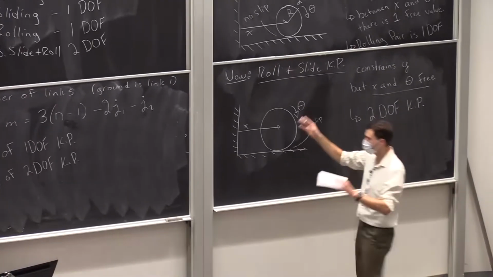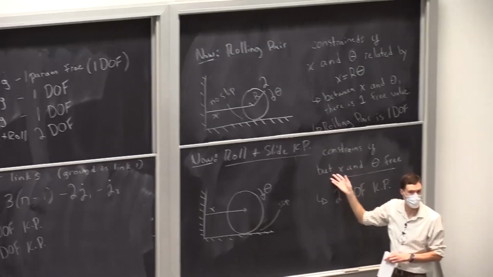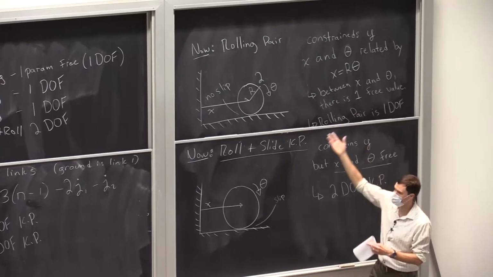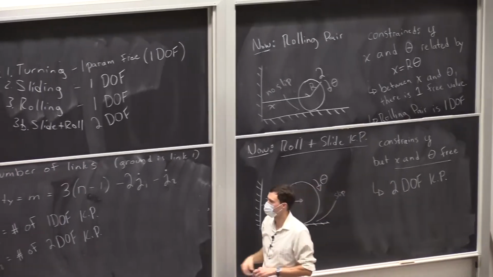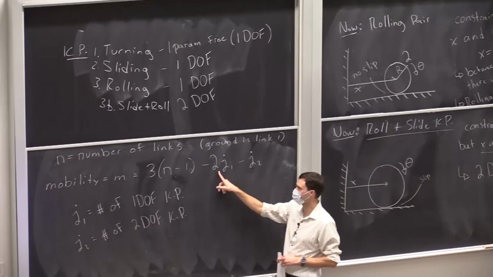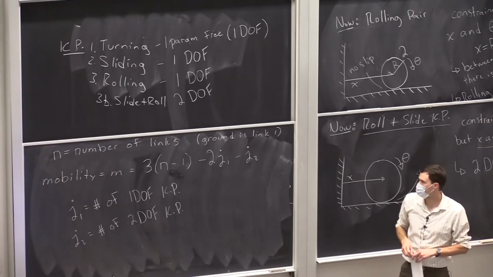Okay, so nothing too crazy going on here. It's the same process we did over here for each of these kinematic pairs individually. Each of them subtracts either 1 or 2 parameters from our free list. So most of them subtract 2, but slide plus roll only subtracts a single integer from our mobility.